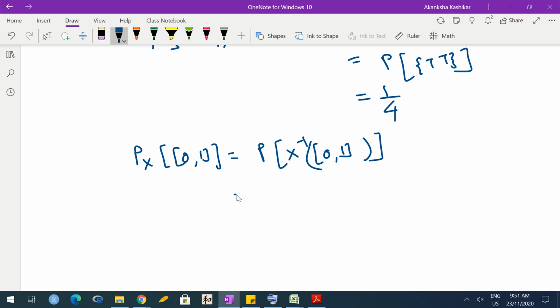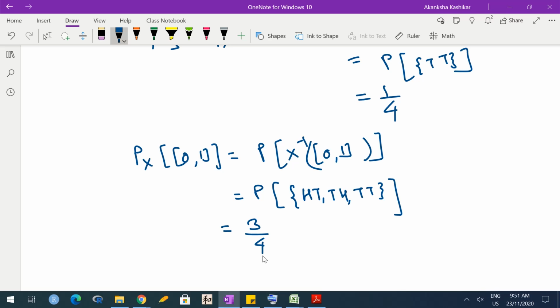And we know X inverse of [0, 1] would be, because 0 and 1 both are there, ht, th and tt. ht, th for 1 and tt for 0. So this becomes 3 by 4.